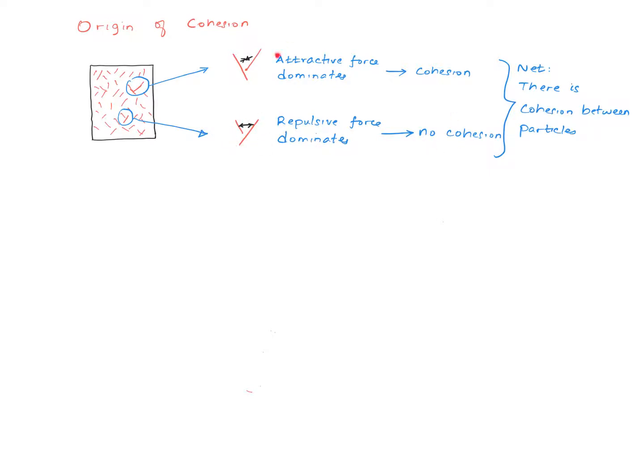Because you always have a lot of these, on the net, there is cohesion between particles. And this is the origin of cohesion. Since there is no repulsion or attraction between sand particles, there is no cohesion between sand particles. By the way, these forces are collectively called the physico-chemical forces between particles.